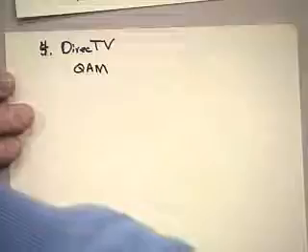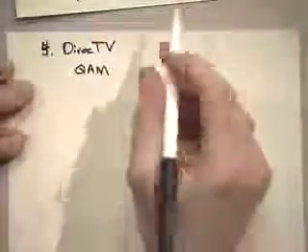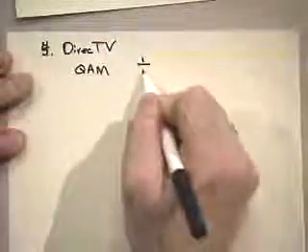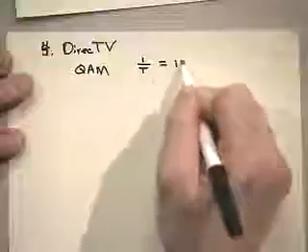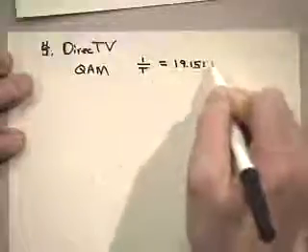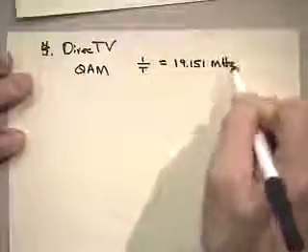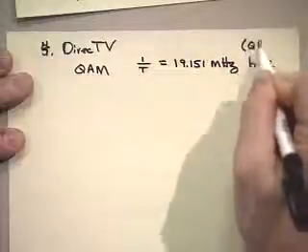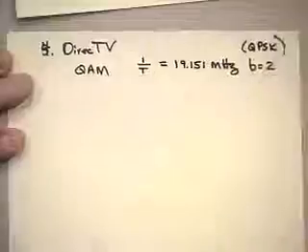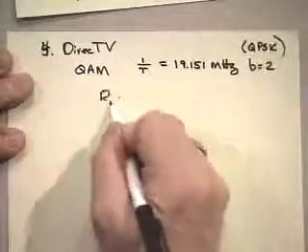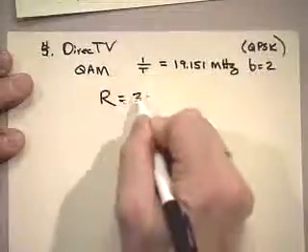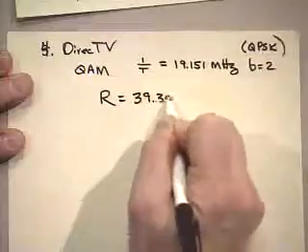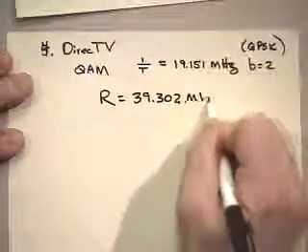This is coming from your satellite now down to you. And in fact, the symbol rate for these systems is 19.151 megahertz, and it's 2 bits per symbol, so 4 QAM, or QPSK as it's sometimes called. Therefore, the rate is double that, or 39.302 megabits per second.